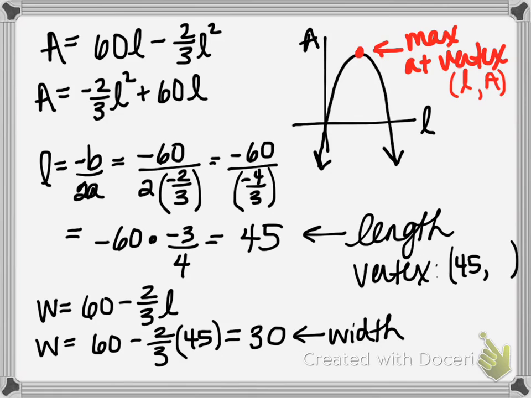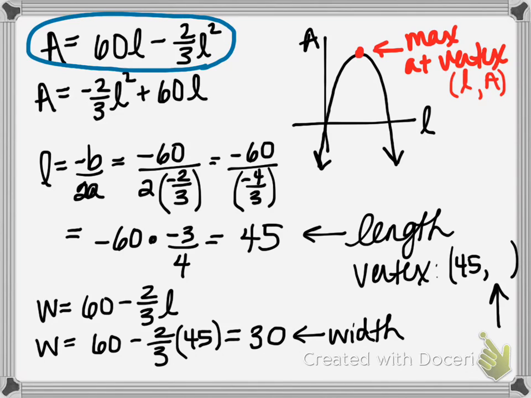And then if you want the actual area, the area would be the y value of our vertex. So once again, you would then need to come back to your area equation, which I've got written up here. There you are. My area equation, 60L minus 2/3 L squared.